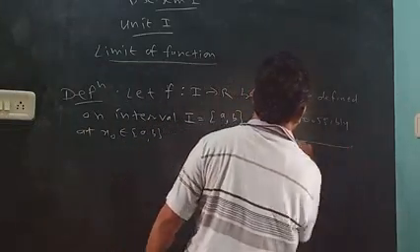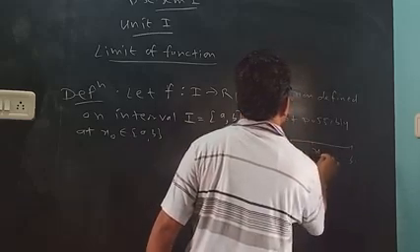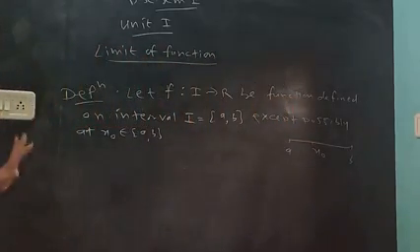So this interval AB, x0 is any point on the interval AB except at this point.